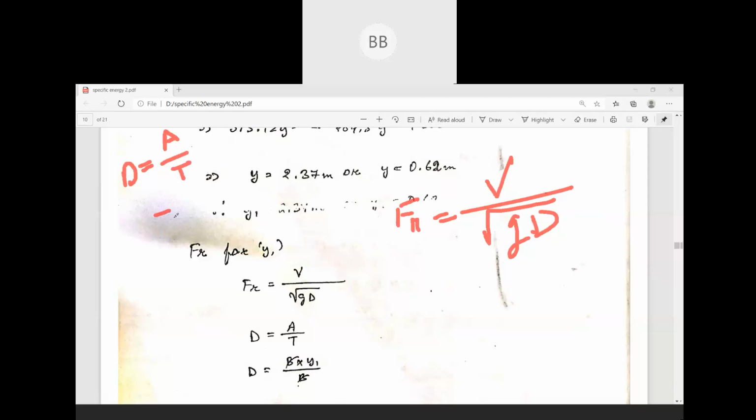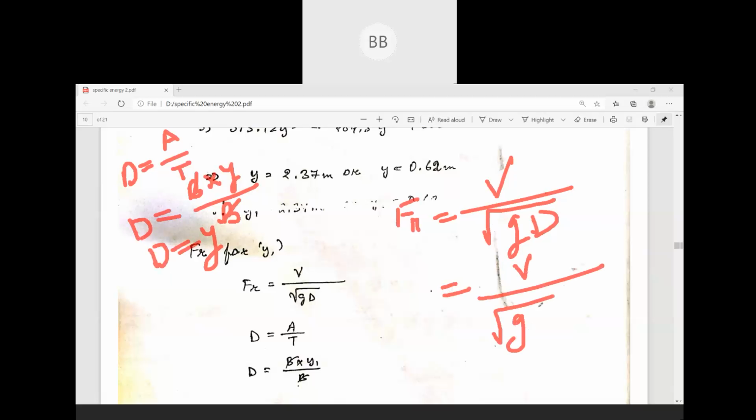As we are considering a rectangular channel, the area is B into y, and for the top width of a rectangular channel we can directly write B. So this will cancel out, and in place of D for a rectangular channel we can directly substitute y.